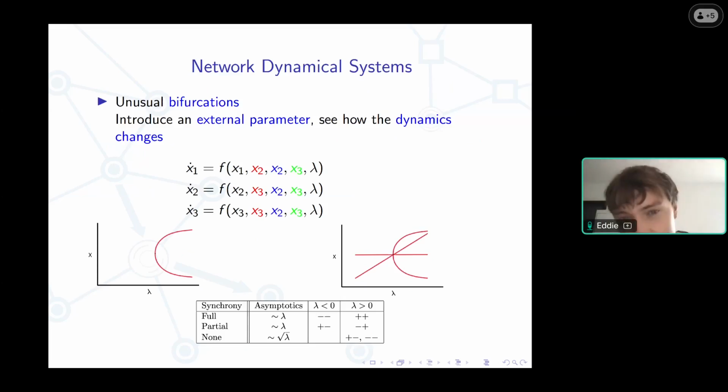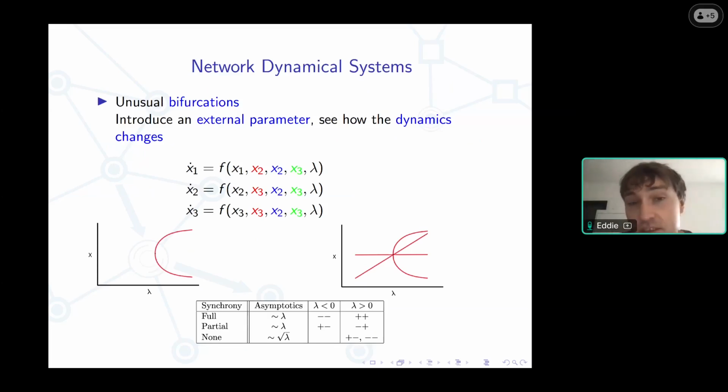So that really tells us that something interesting is happening when you introduce a network structure. So when you have that as your modeling assumption, chances are you're already capturing something unusual. So of course, people want to understand this.